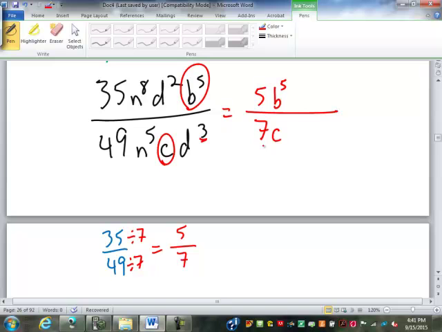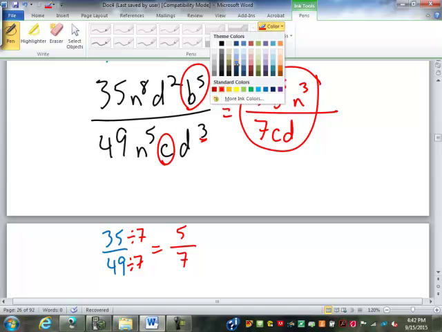Bottom, because the bigger power is on bottom. And it'll be what power? 1 or just d. Right? Then what? N goes top. The difference between 8 and 5 makes it 3. So there we are. 5b to the 5th, n to the 3rd over 7cd.